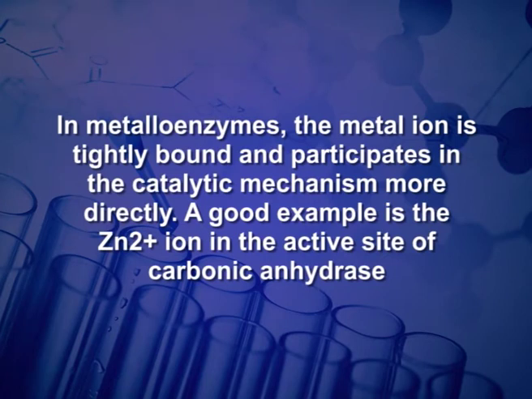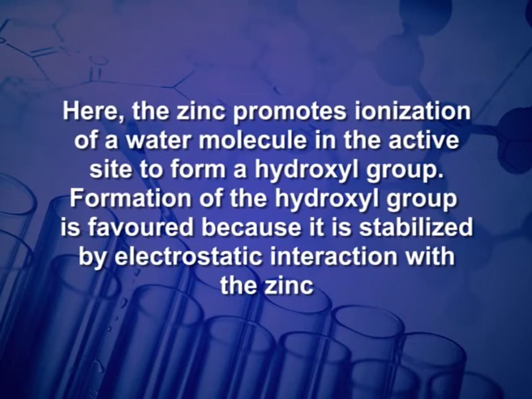A good example is the zinc ion in the active site of carbonic anhydrase, where the zinc promotes ionization of water molecules in the active site to form a hydroxyl group. Formation of the hydroxyl group is favored because it is stabilized by electrostatic interaction with the zinc.